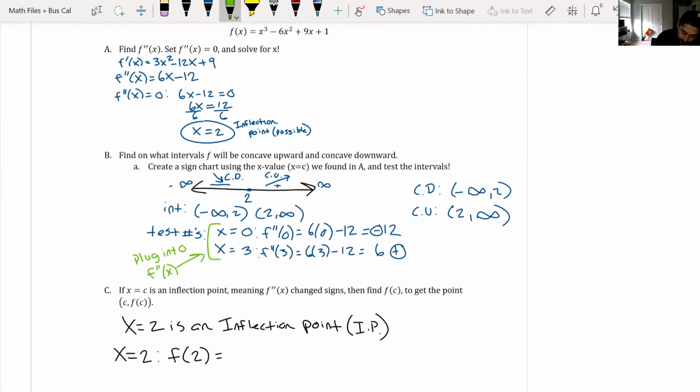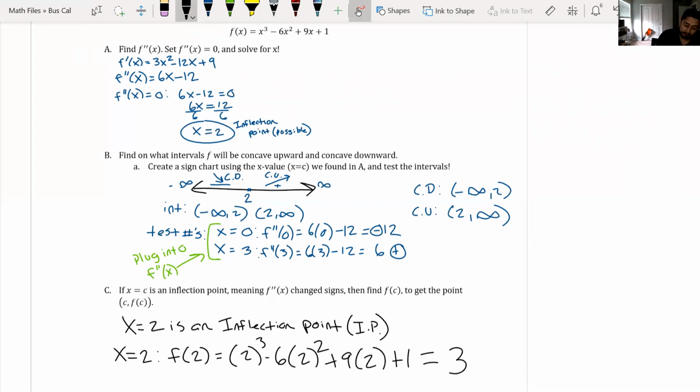So that'll give me 2 cubed minus 6 times 2 squared plus 9 times 2 plus 1. Calculate. We get 3.